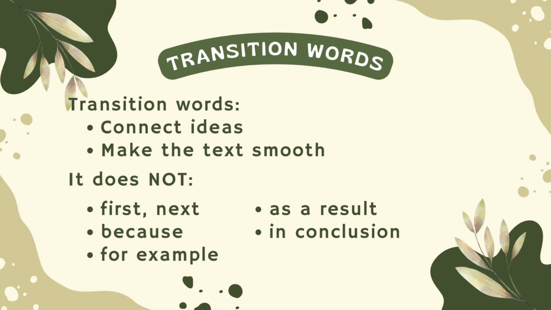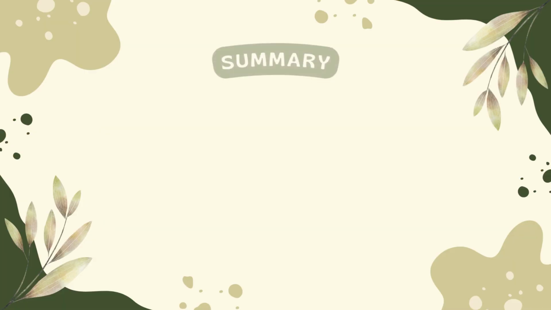Because when we forget to use the proper transition words, of course, our article or essay or any text that we write will be disorganized. Transition words act like bridges between ideas. They guide us readers and show how sentences and paragraphs are related.